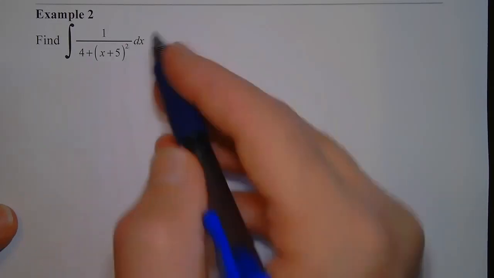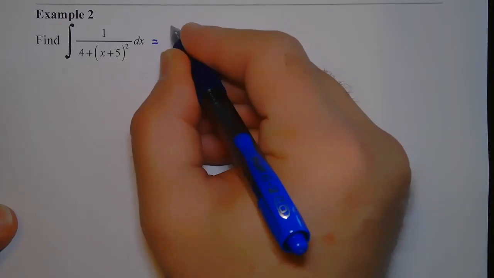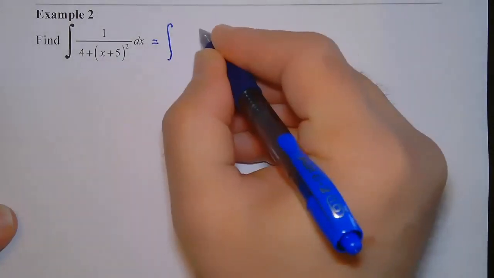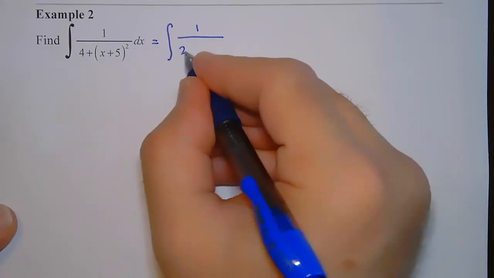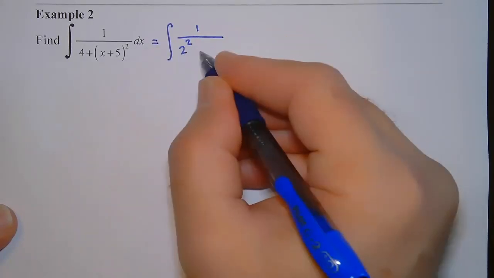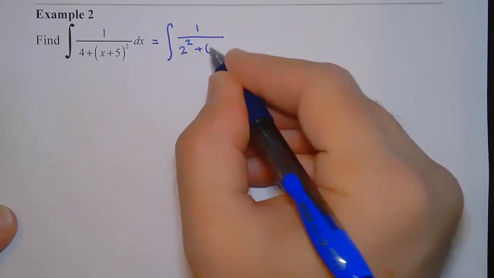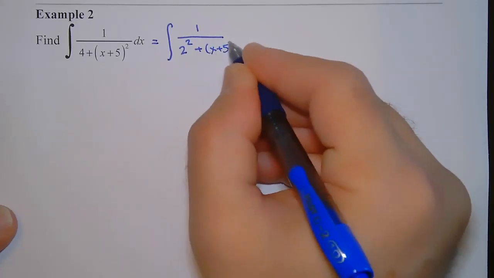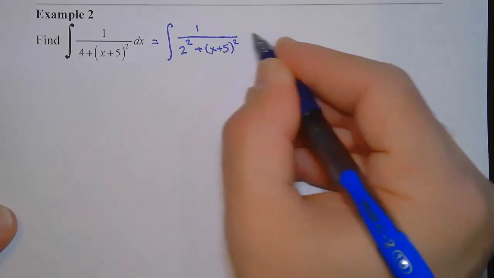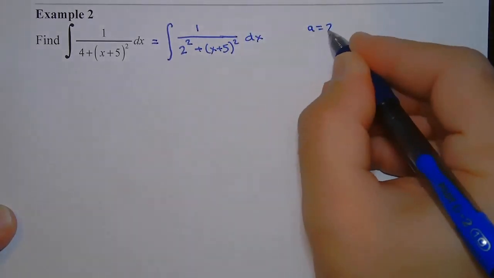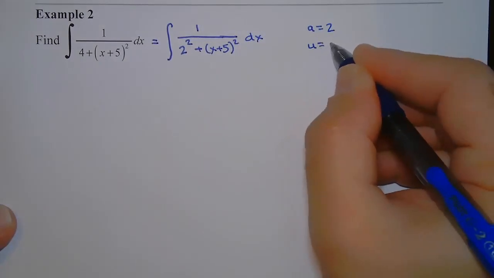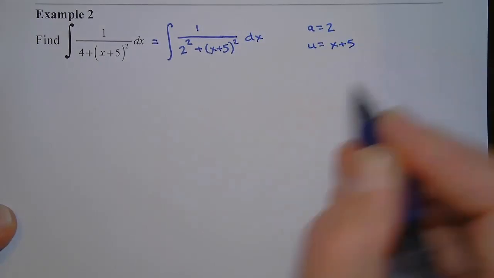Okay, so this is equivalent to the integral of 1 over, and 4 could be rewritten as 2 squared, so my a is 2 in this case, plus x plus 5 squared, and then dx. So from this, I can tell my a is 2 and my u is x plus 5, okay?